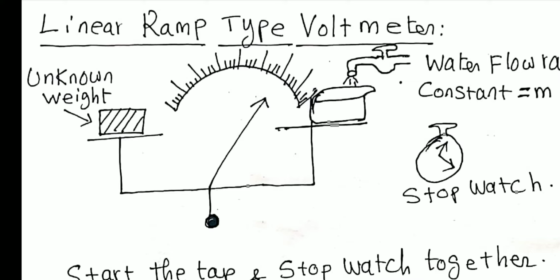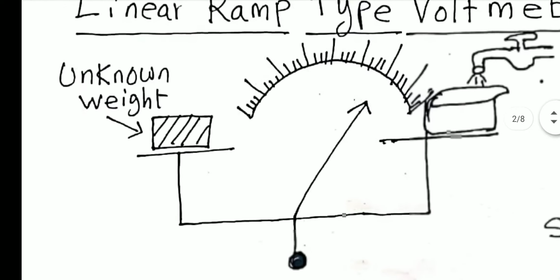The idea is that in the right pan we are trying to place a variable mass, whereas in the left pan we have a fixed mass, the unknown weight, whose mass is fixed.